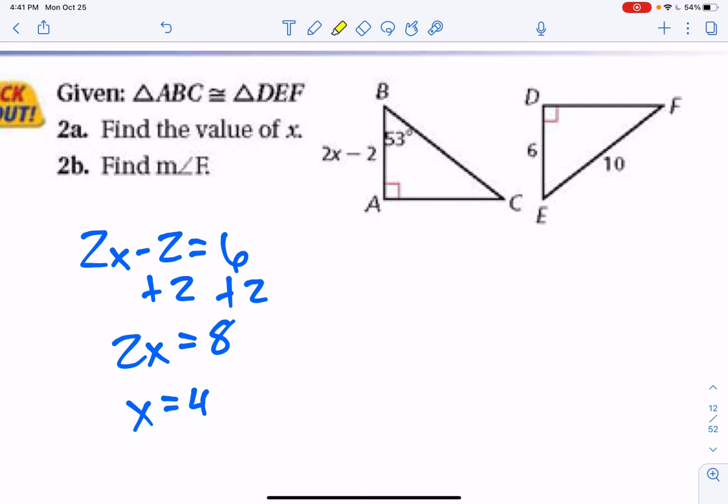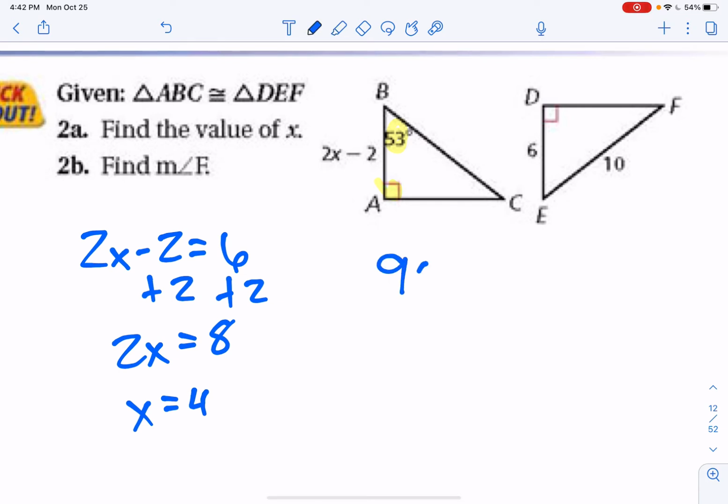Now it says find F. Well, F is congruent to C. So I need to figure out what that angle is right here. Well, if this is 53 and this is 90, I can just take 90 minus 53.